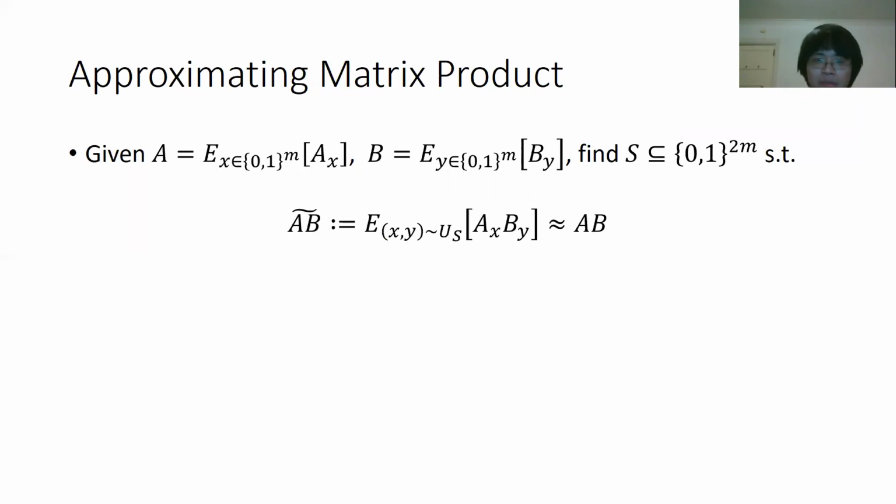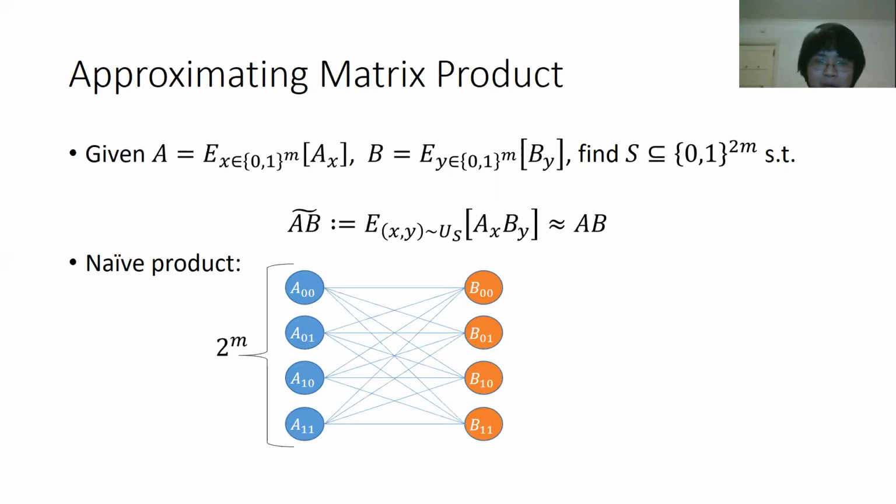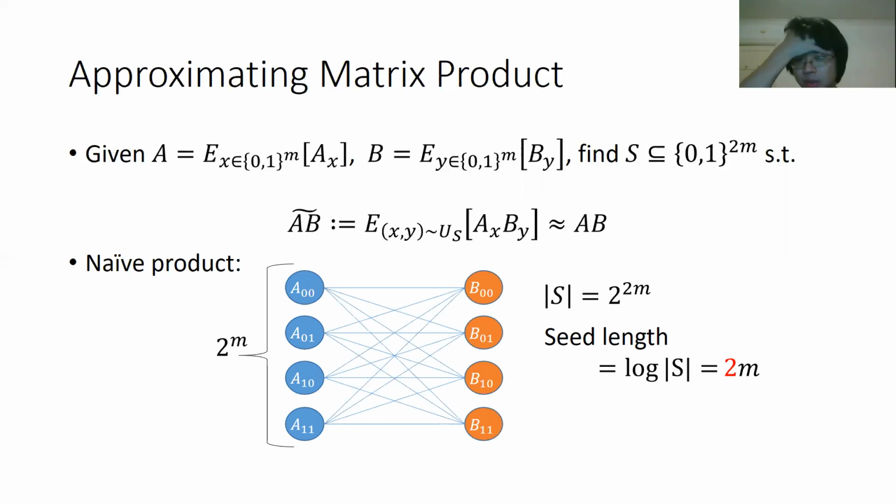Of course, the naive way to do this is to consider all the possible pairings of X and BY and compute the average. And this will be exactly the product of A and B. But as we have seen in the previous slides, this product has seed length 2m. And this factor 2 is too large for the binary tree recursion.